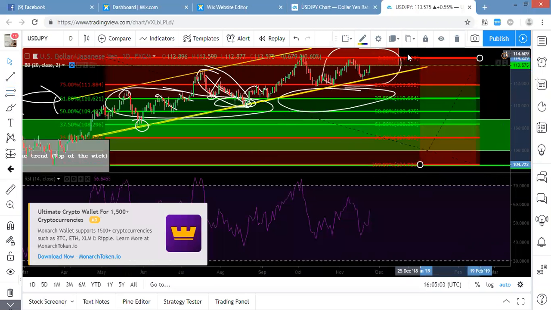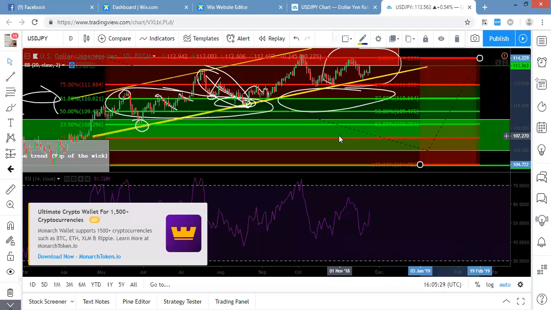And the 0 up here will meet up with the 100. So really, you guys, the big difference is going to be the 25%, the 75%, the 37.5, and the 61.8, the levels in the middle. So the two on the top between the 50 and the 100, and the two on the bottom between the 50 and the 0, those will be flipped, okay?